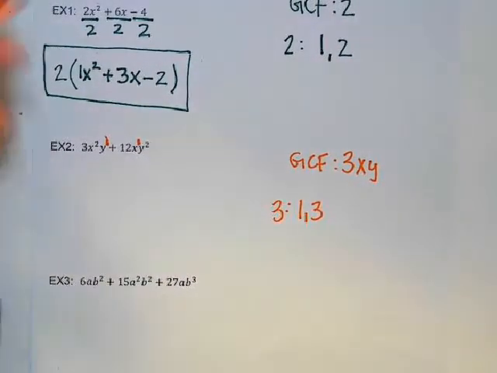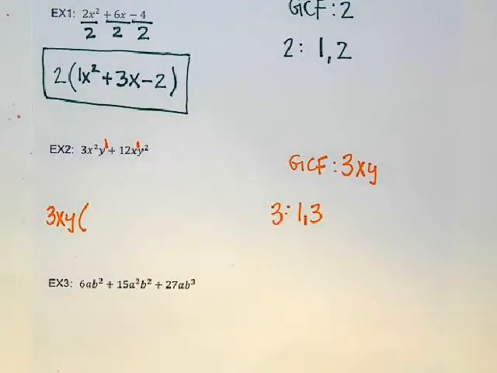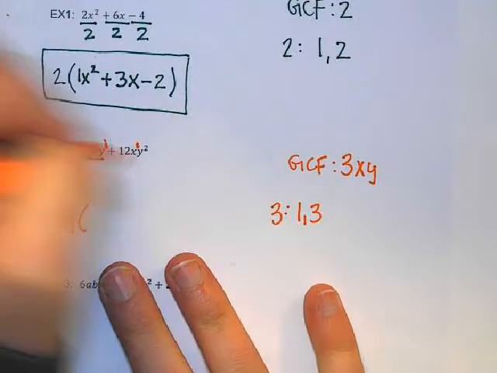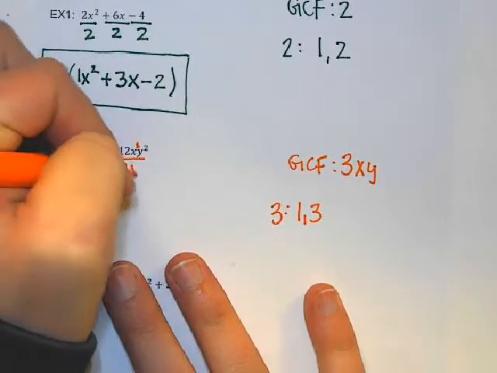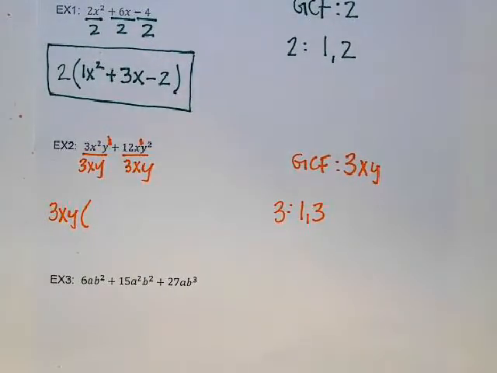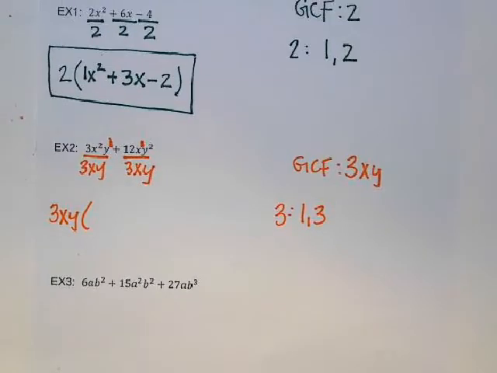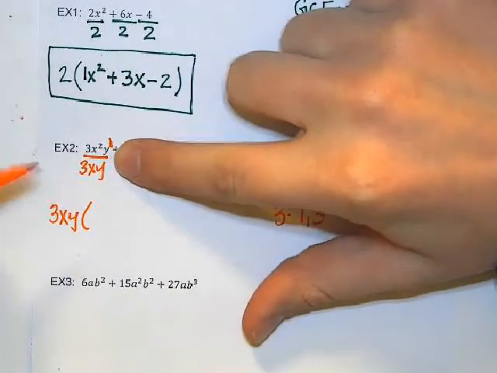Okay, step 2, write your GCF outside the parentheses. Step 3, divide it. So now everybody needs to write this part, 3xy under both. Then we're going to divide one at a time. 3 divided by 3 is 1.